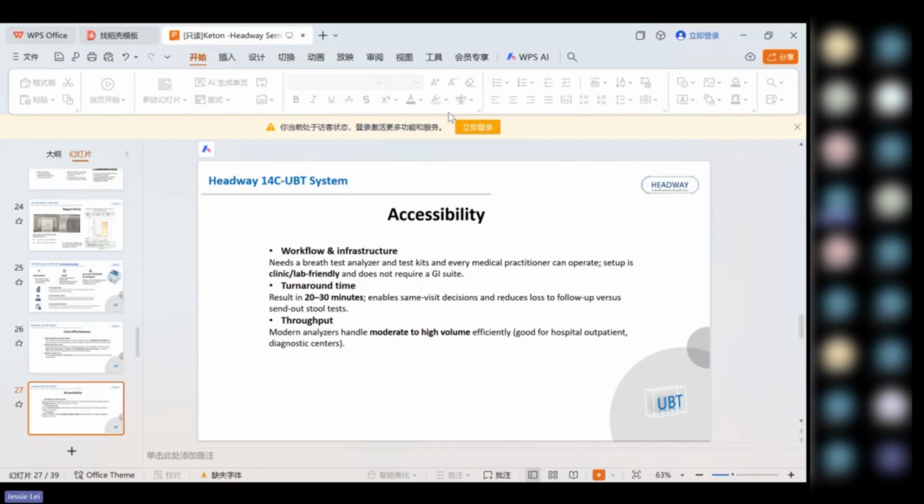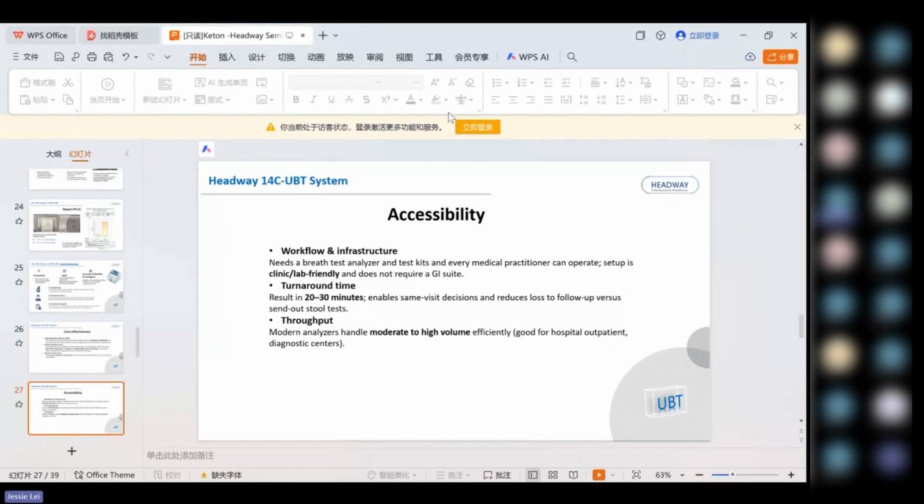It does not require GI rooms, and the whole testing procedure can be finished within 30 minutes. This enables same-visit decisions and reduces loss to follow-up.